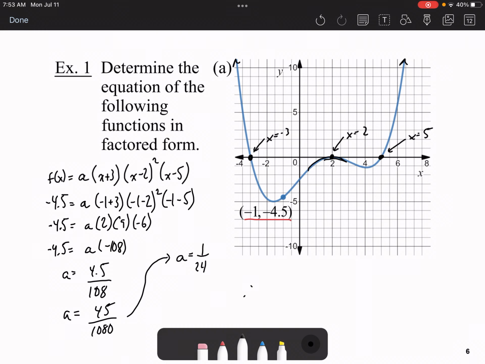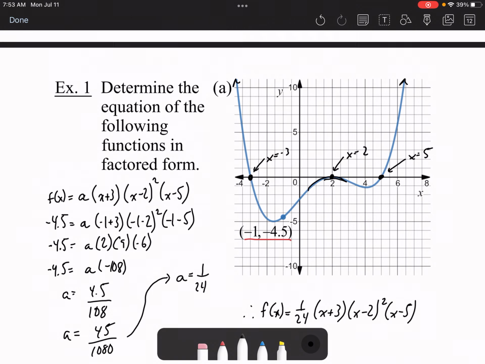So therefore, this function, as you can see, it has a positive leading coefficient, so it must be a positive value. Must be this function right here. So, as we can see, we've got this kind of function right here.